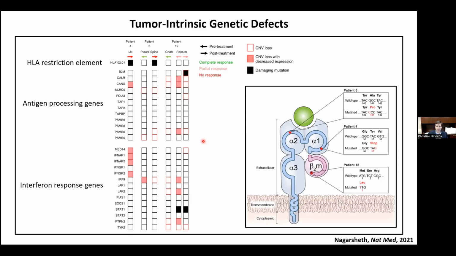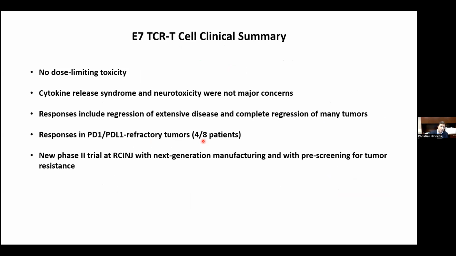T-cell based immunotherapy. So to summarize, there's no dose-limiting toxicity with the E7 TCR T cells. We did not observe cytokine release syndrome or neurotoxicity as major issues, which is very different than CAR T cells.